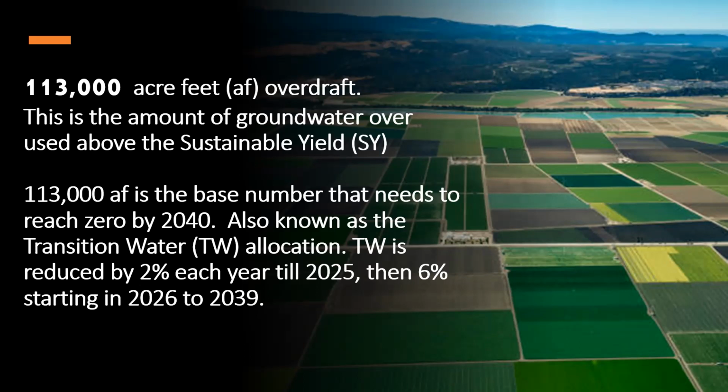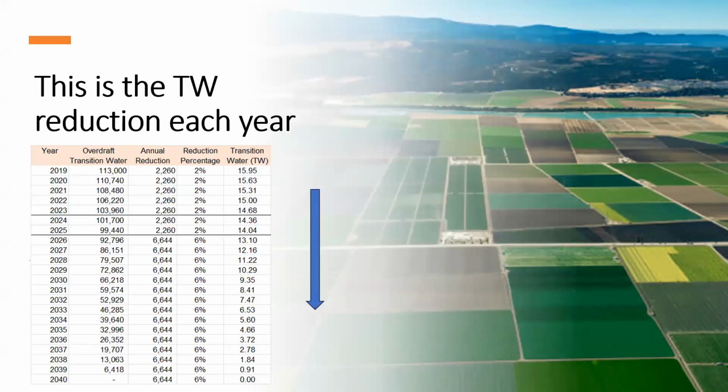And so the way it's structured is that it's going to reduce by 2% each year till 2025. And then it's going to reduce by 6% from 2026 to 2039. And that's off of that base number of 113,000. And what that means is that's what it looks like.